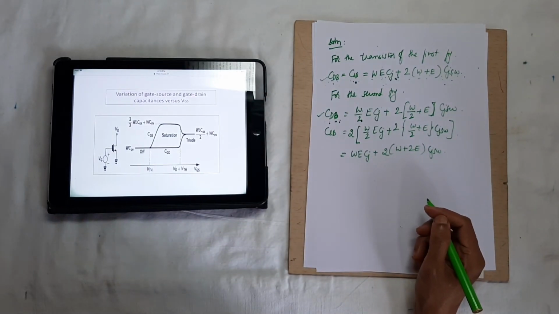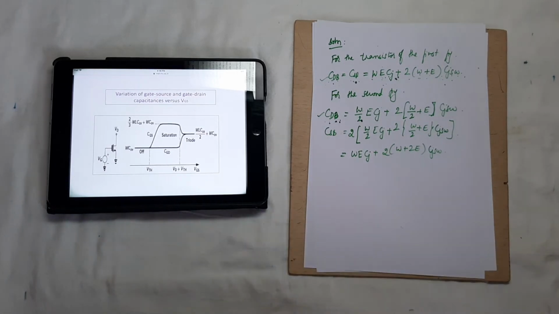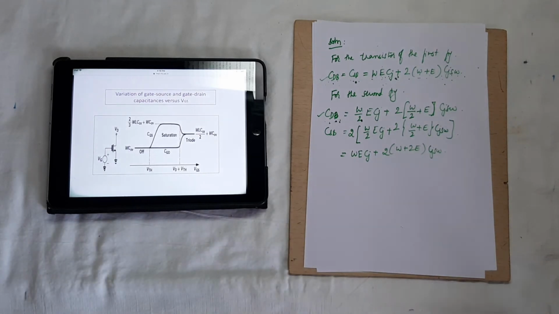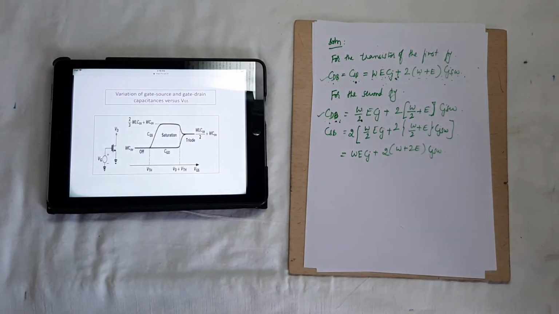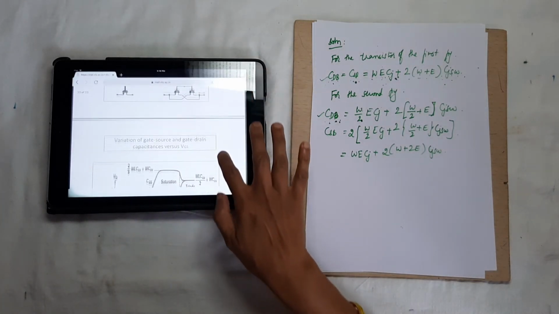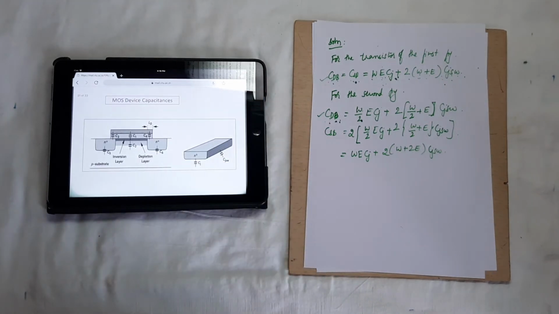Next we are studying the variation of the gate source and gate drain capacitances versus VGS. Let us consider this figure only, where we have different capacitances.